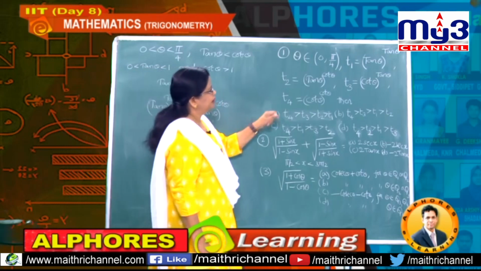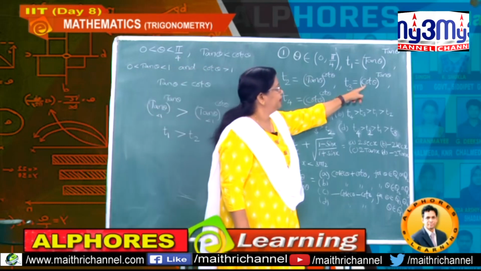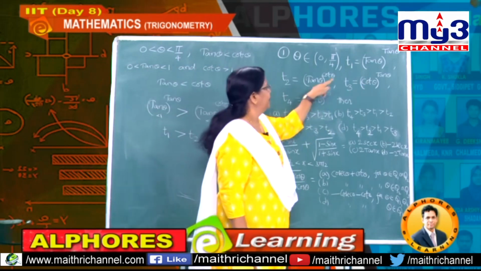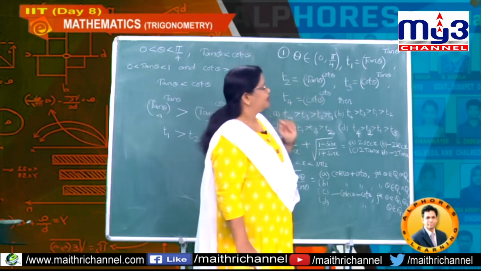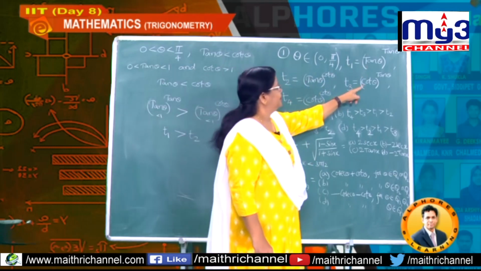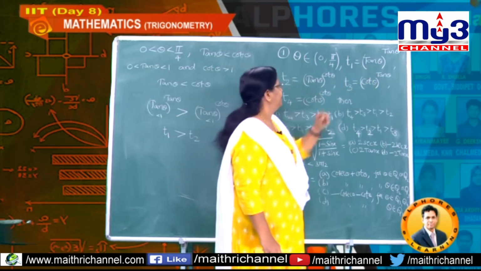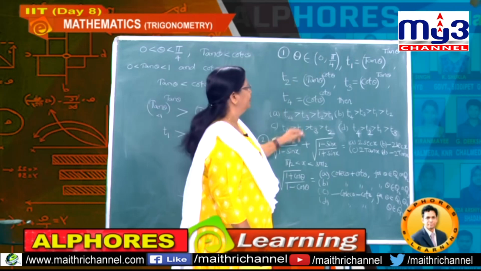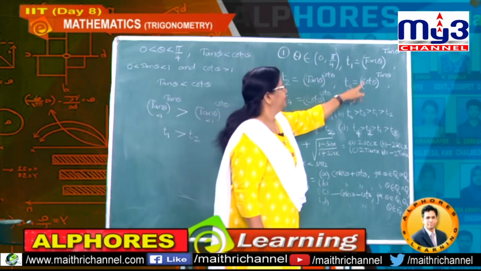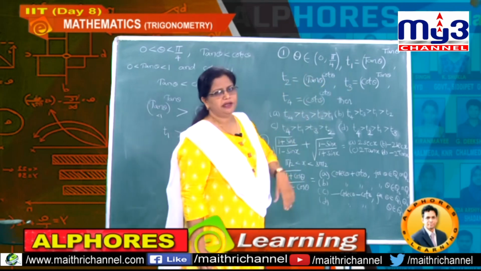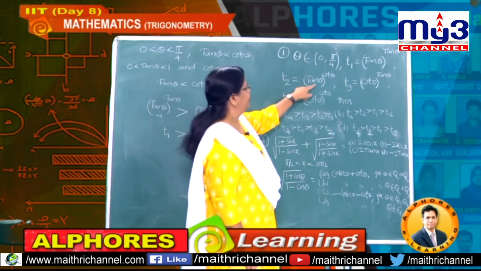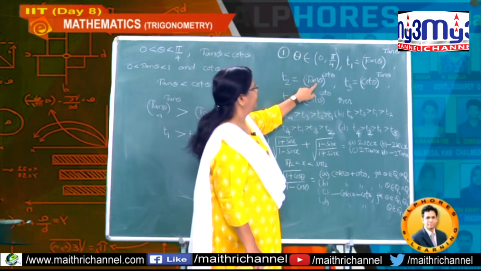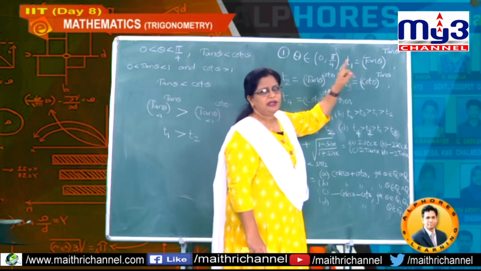Okay, we observed here what kind of values when both the bases are same, and here also both the bases are same, and now here you observe cot theta to the power of tan theta, and this one is tan theta to the power of cot theta. If you observe these values clearly, then directly you can write the answer. Now how are these values actually? Tan theta is less than how much here?